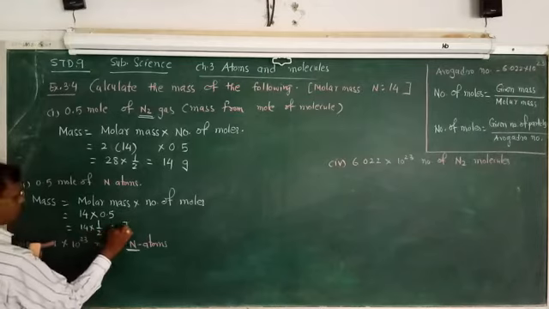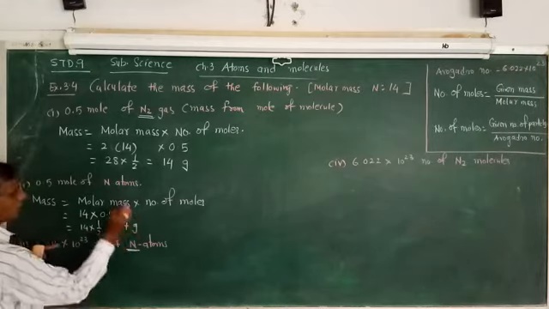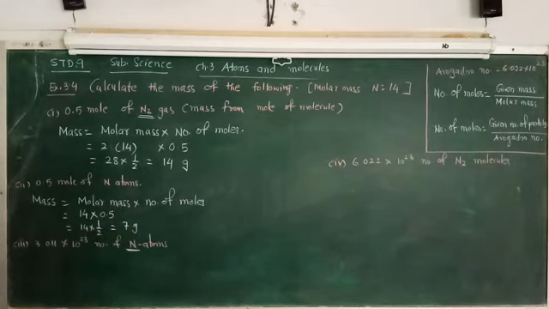So that is 7 gram. Now the particles are given: 3.011 × 10^23 N atoms. We have to find the mass of these N atoms.